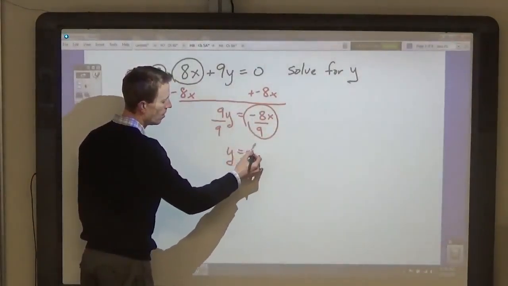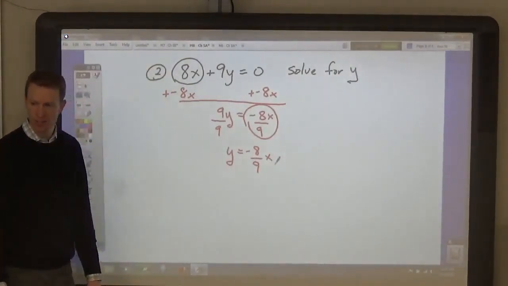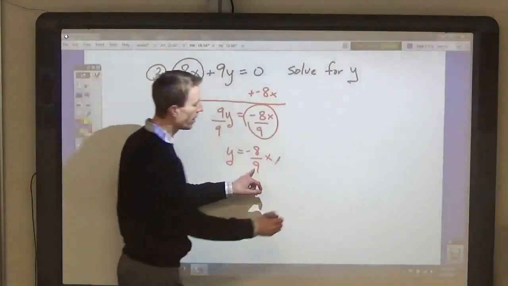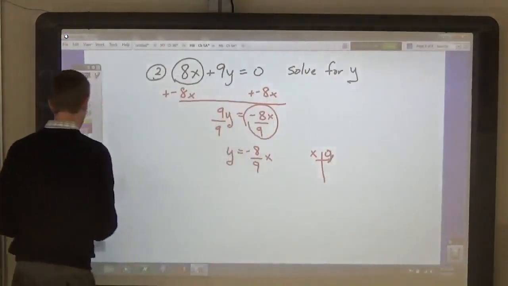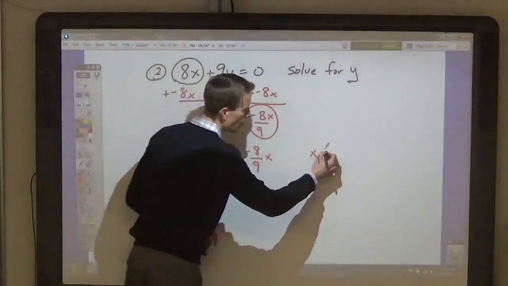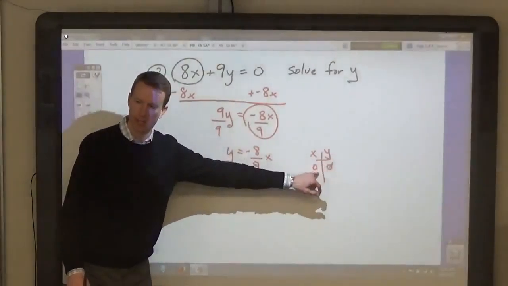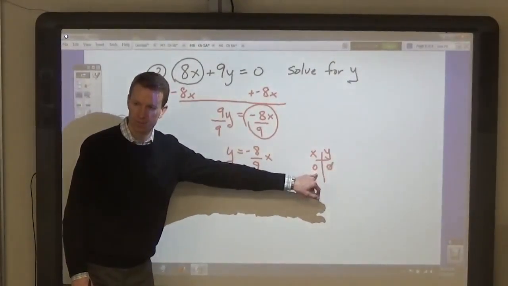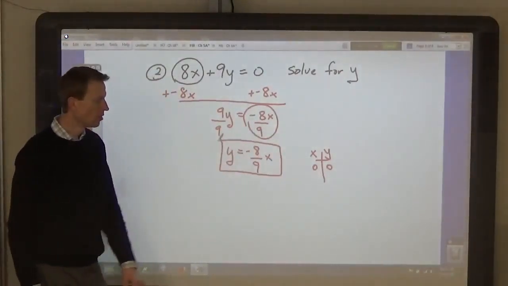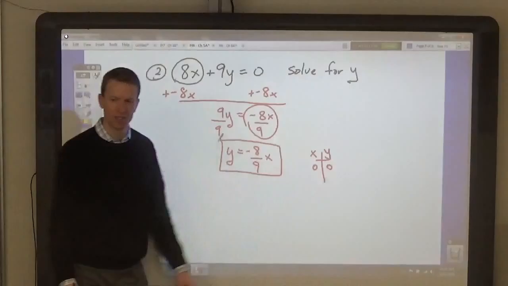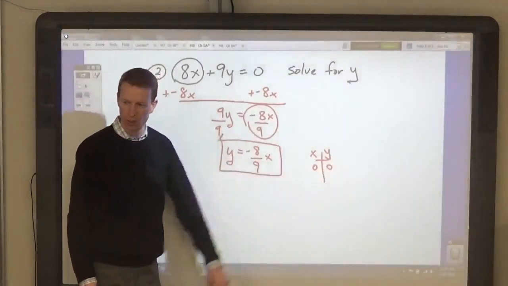So first of all, is this direct variation? You can tell if it's direct variation if this is true, and if you get this form. So what does this mean? If x is 0, then y is 0.